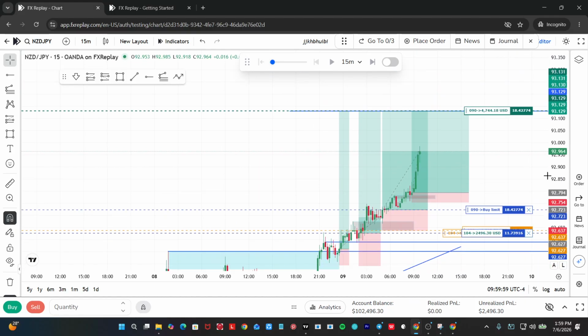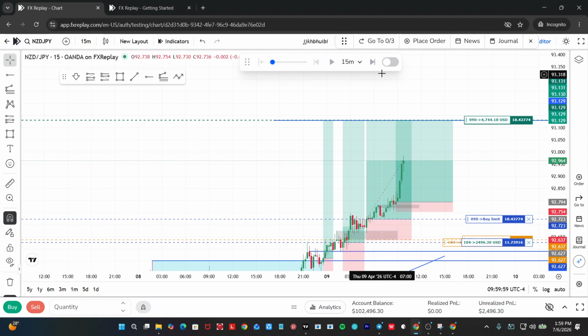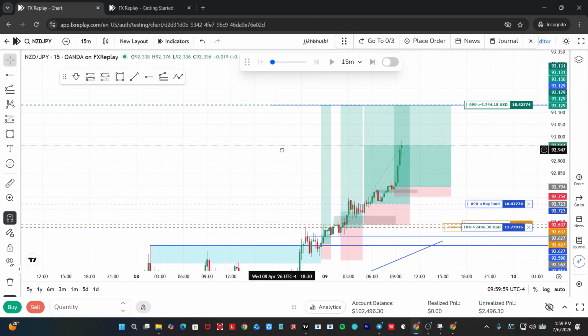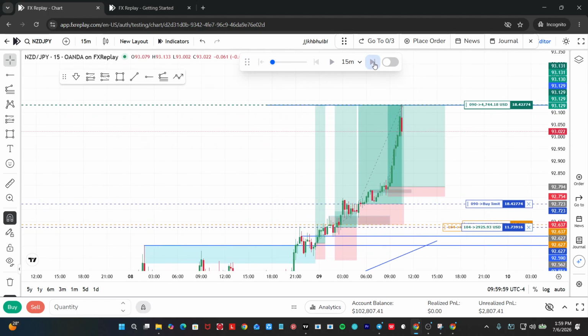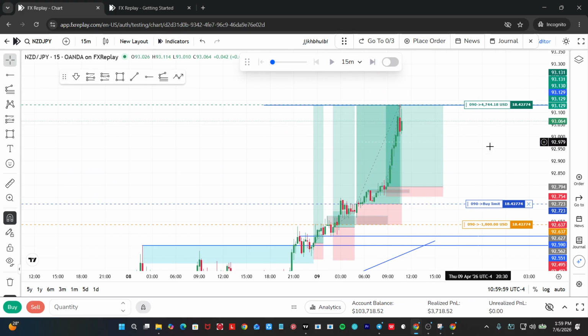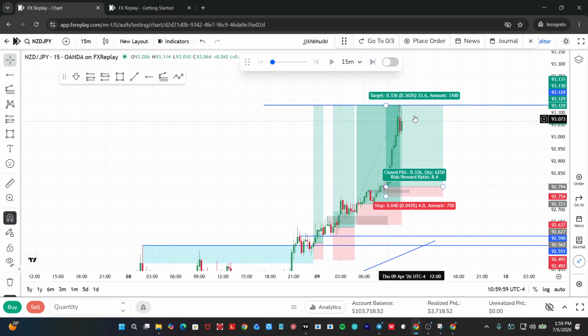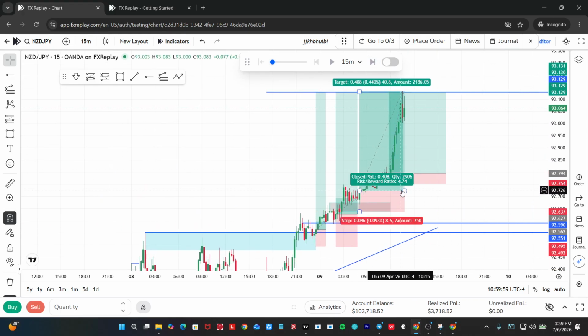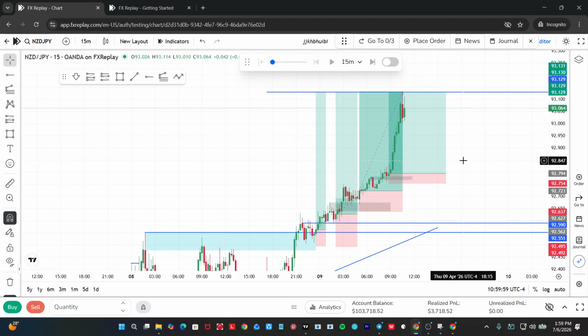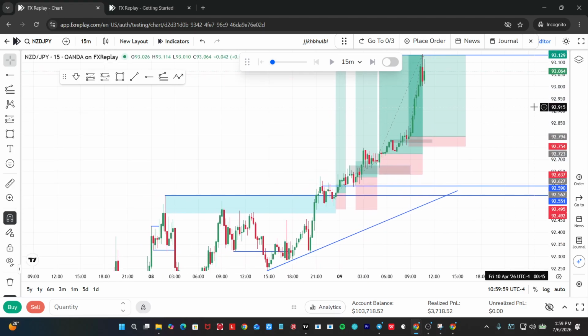So this is how you would make a crazy ton of money, by just trading pure price action, no indicators. So here you would hit your TP. This is how to trade pure price action like a pro.